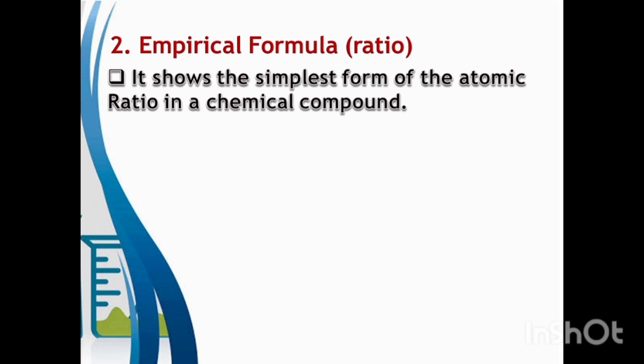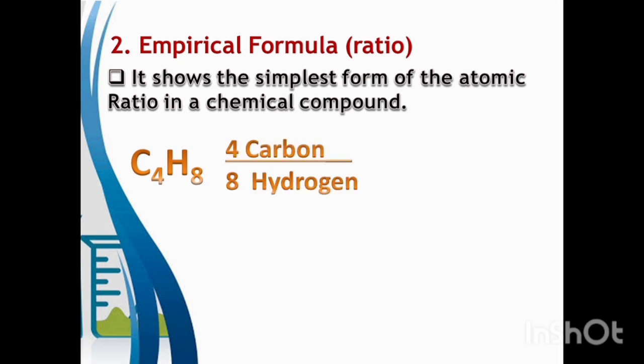For the empirical formula, I will give you some examples. For example, we have C4H8, which is cyclobutane. To get the simplest form of this compound, let's first write a fraction: 4 carbons over 8 hydrogen.